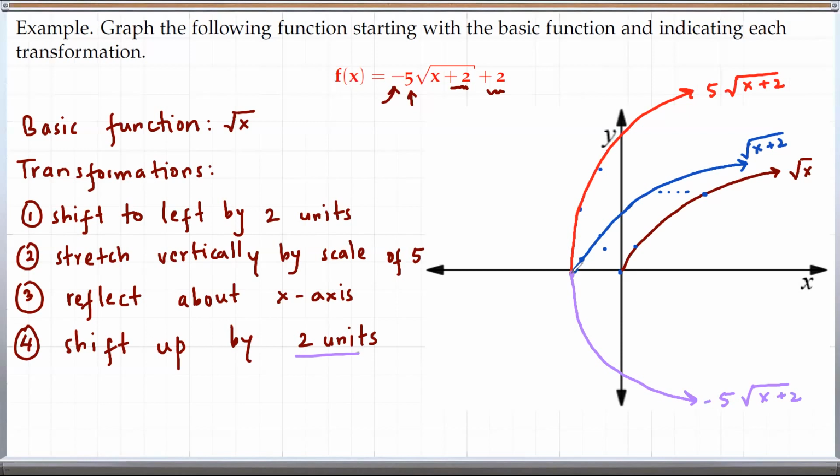So that will make this point go up here. This point will go up here. Everything is moved up by 2 units. So it will look like this one. This is the graph of -5 square root of (x plus 2) plus 2, which is the graph we want, f of x. So we are done with this example.